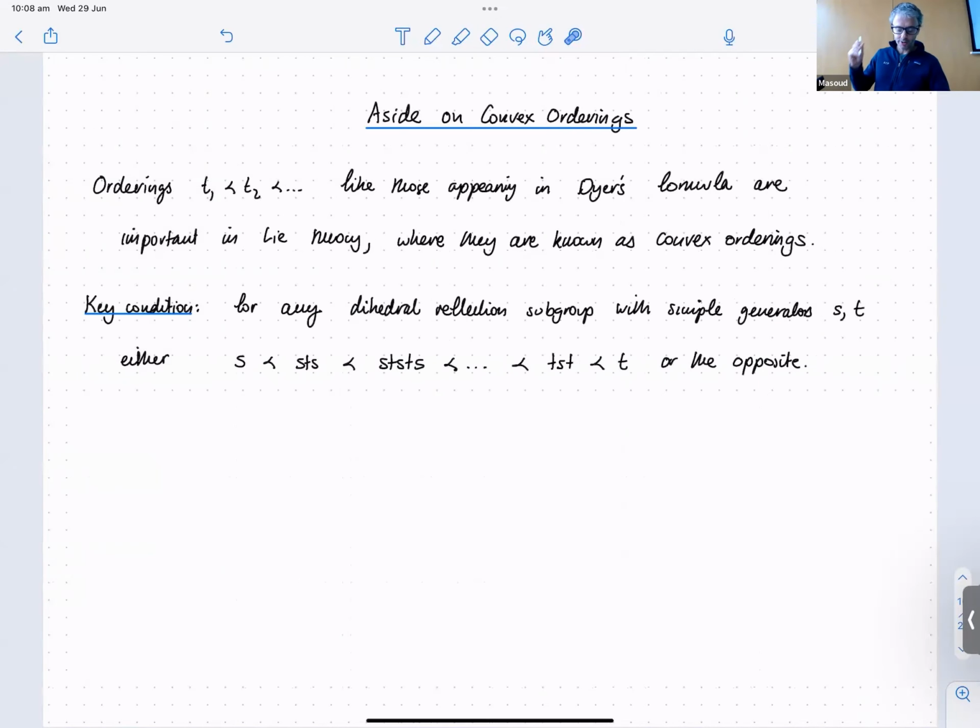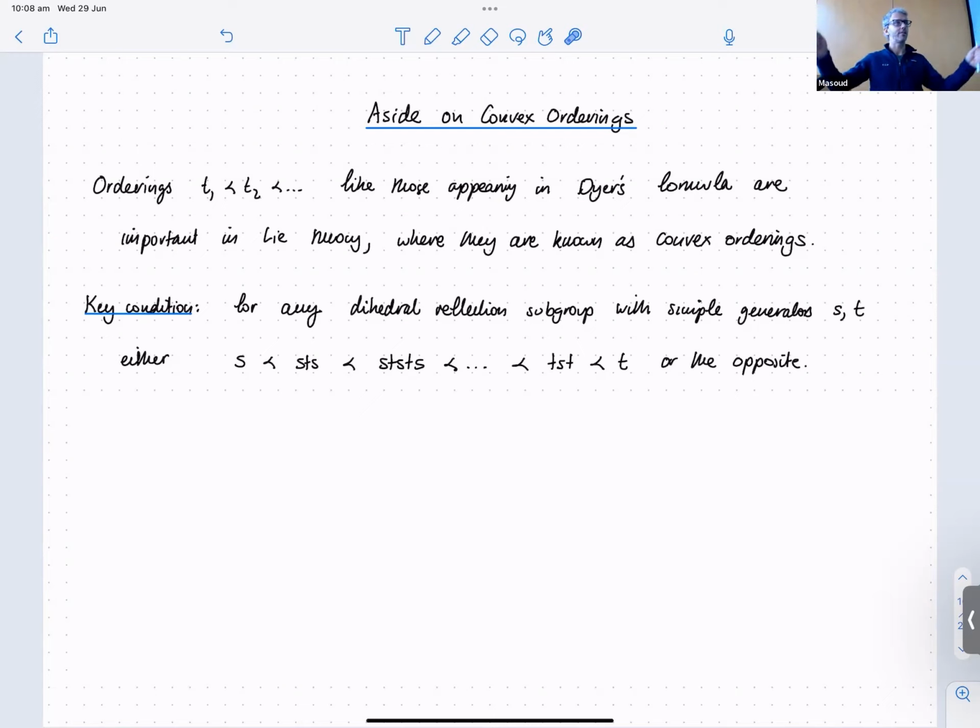So convex orderings, I'll just go over this briefly for interested experts. These are convex orderings, and the key condition is that in any dihedral reflection subgroup, which is any subgroup generated by two reflections, it makes sense to talk about what s and t is.